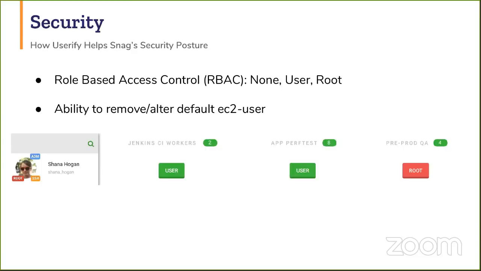Yeah, going back to the role-based access control of the roles of none, user, and root. If you look at the dashboard, and Jameson basically showed this in a previous view, I've always loved the ability, when I sign into the dashboard, to easily tell for a given user which is the highest risk area.